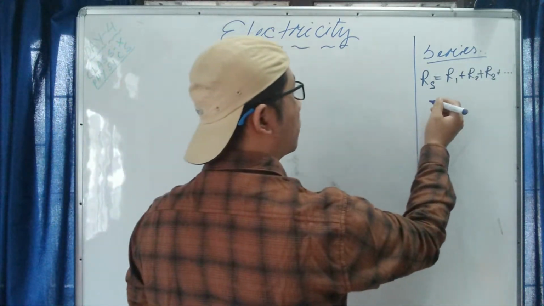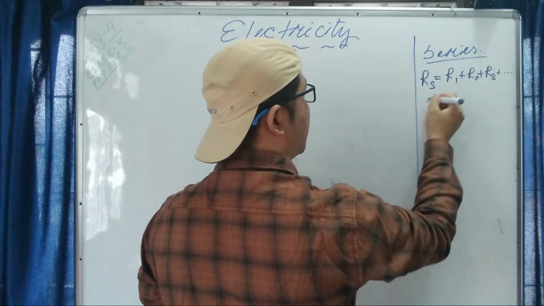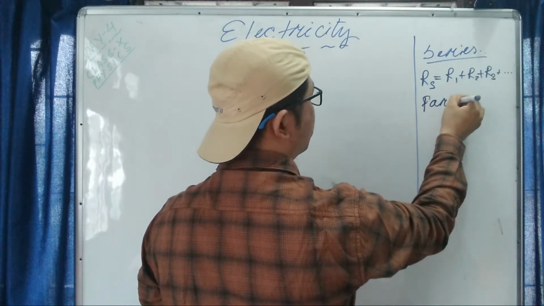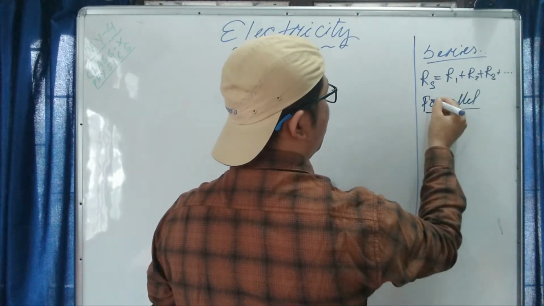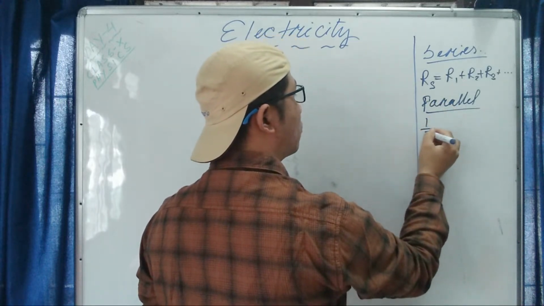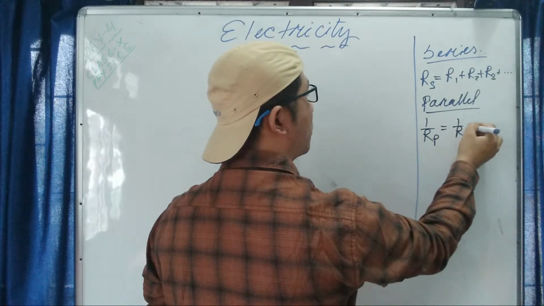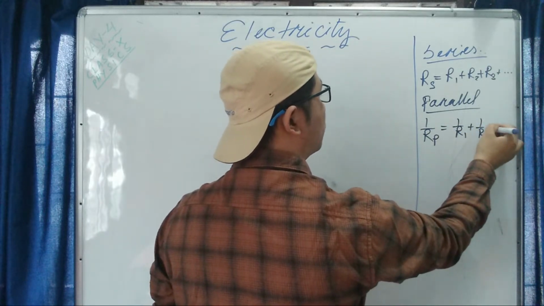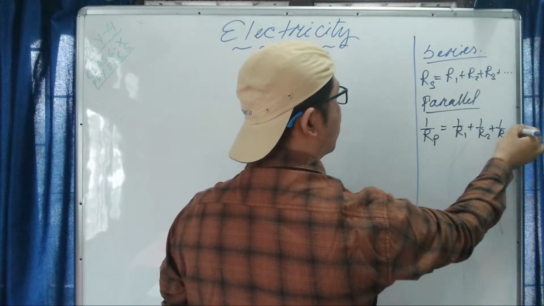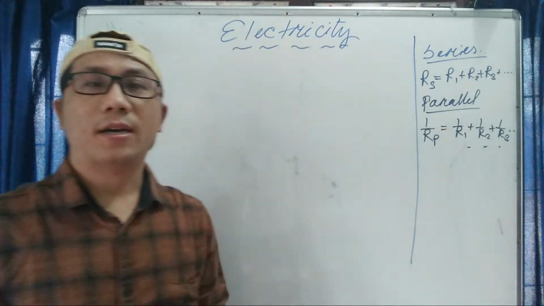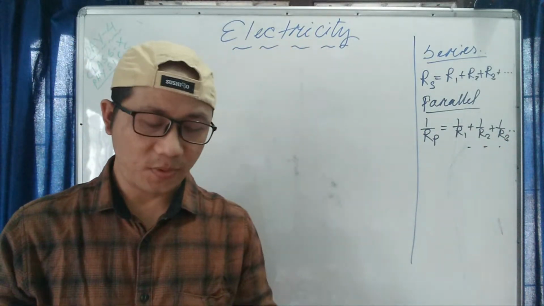For the parallel connections, 1 by Rp is equal to 1 by R1 plus 1 by R2 plus 1 by R3 dot dot. These things we already learned before.